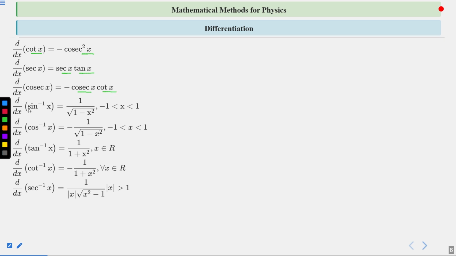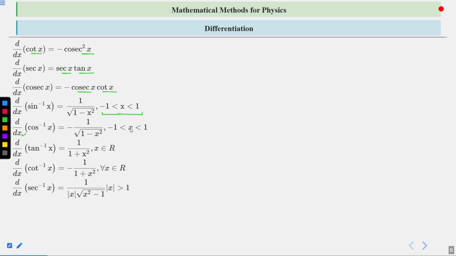And differentiation of sin inverse x with respect to x is equal to 1 upon under root 1 minus x square. So there is a condition, and the condition is x should be greater than minus 1 and less than 1. Differentiation of cos inverse x with respect to x is minus 1 upon under root 1 minus x square.